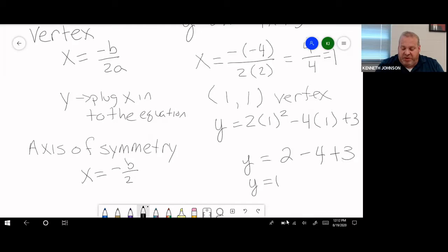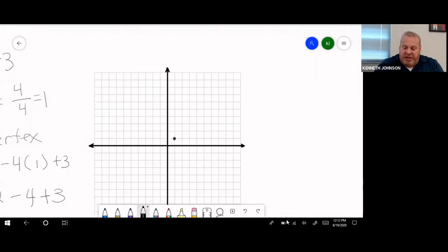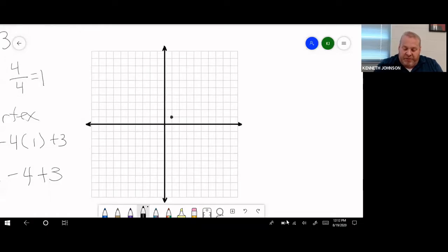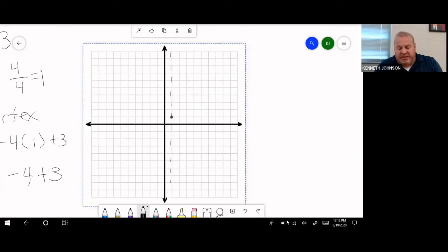So x equals negative b over 2a. And what this says to do is that through the vertex, you can draw a vertical line. And that vertical line is going to be my axis of symmetry. It's going to be the mirror that it reflects across. It's not part of the graph. It's just used to help us graph.